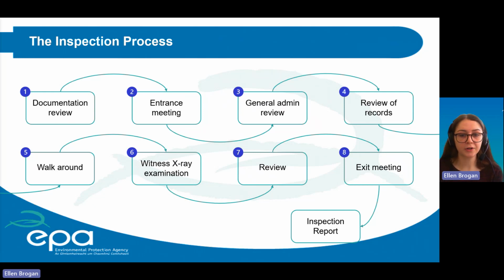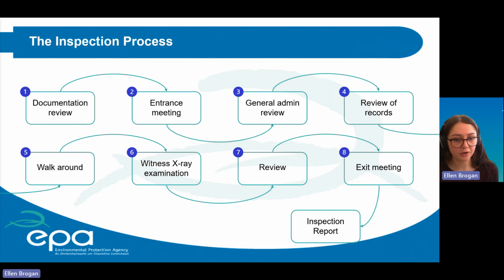A review of records will then be dependent on the scope of inspection, but will likely include the risk assessment, the installation, acceptance, and quality assurance reports for the X-ray equipment, the radiation safety procedures, the dosimetry records, if relevant, the equipment servicing records, and importantly, the training records.